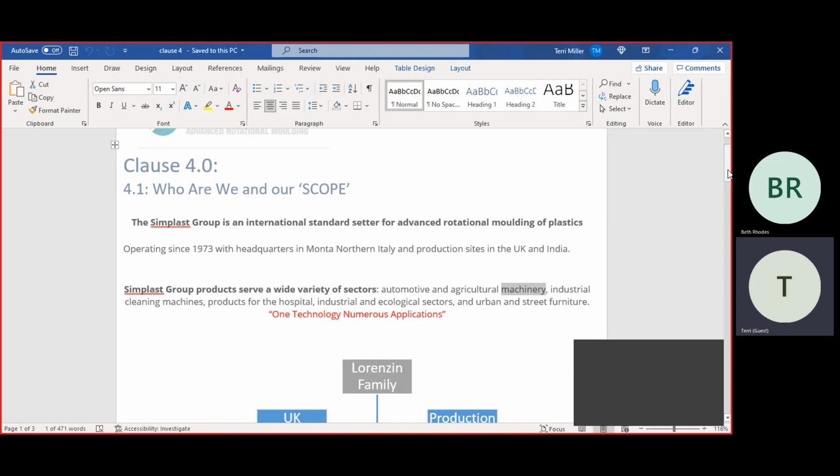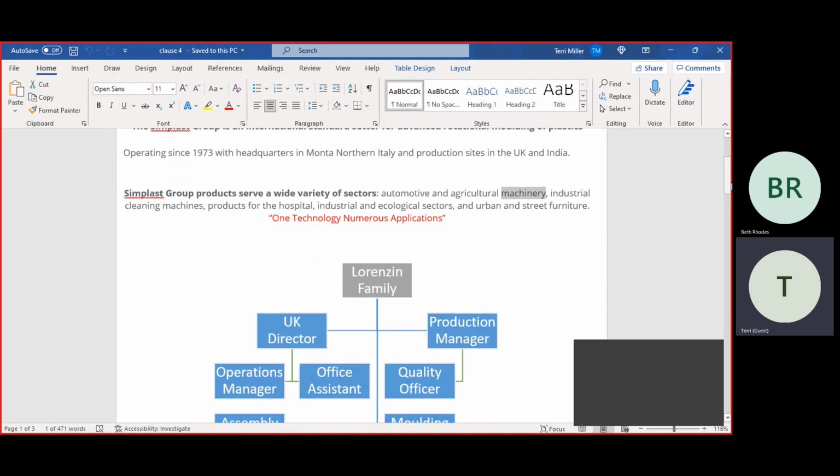But we do have two other production sites, one being in the UK, which is quite new where I work, and one in India. Simplast Group produces a wide variation of materials, so it's mainly plastics, but we do a lot for the public services, post boxes, benches that you see in the streets.